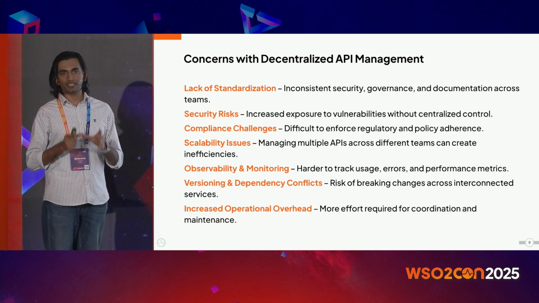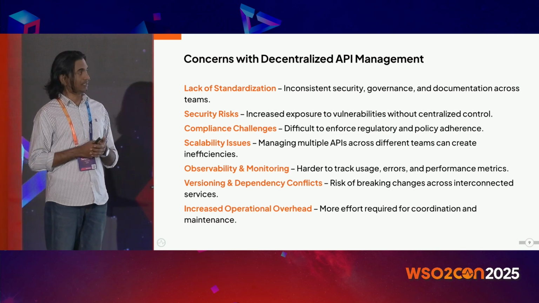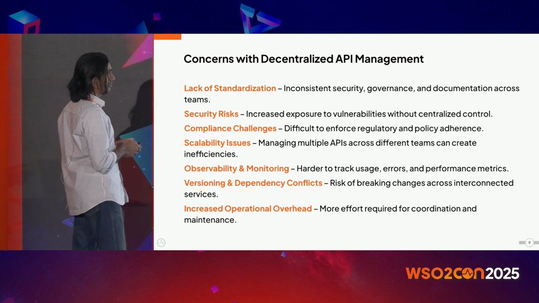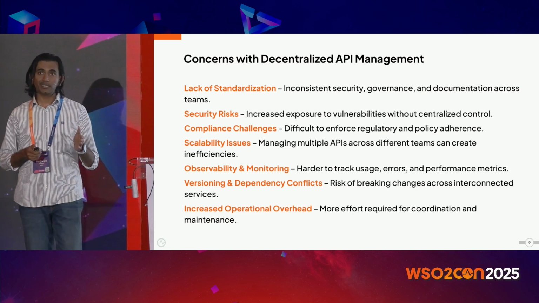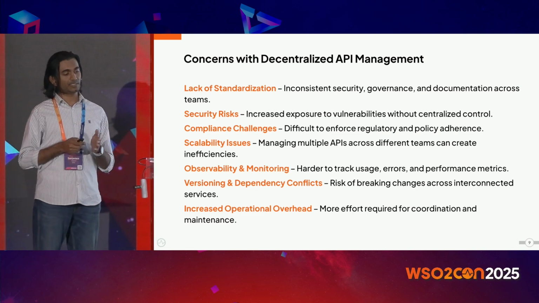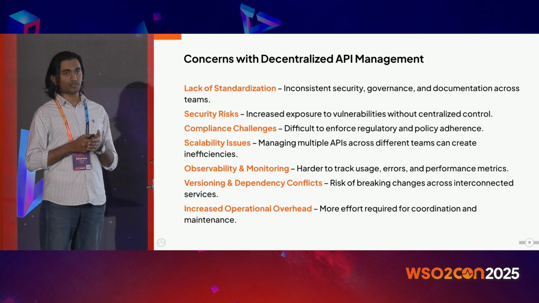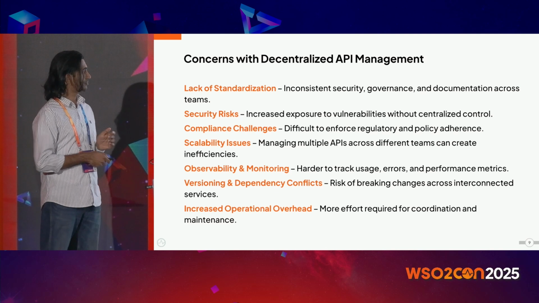They need to build their expertise related to infrastructure and all other aspects as well. So these are some of the problems associated with the decentralized approach. But if we take the last 5 or 6 years, I would say we have seen more of a decentralized API management approach across different countries and different industries.